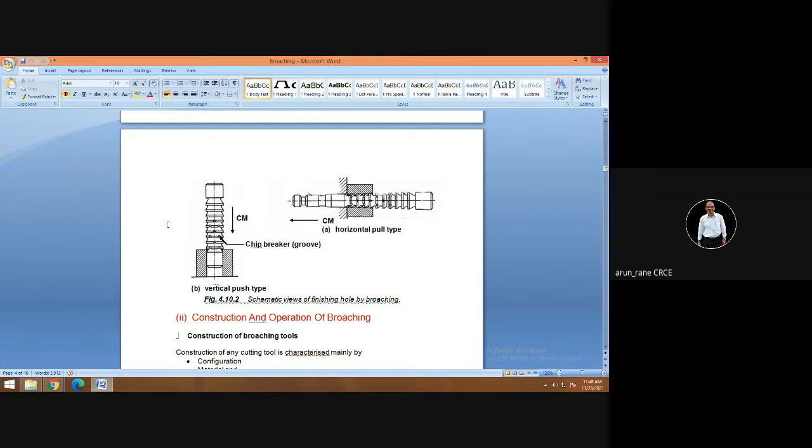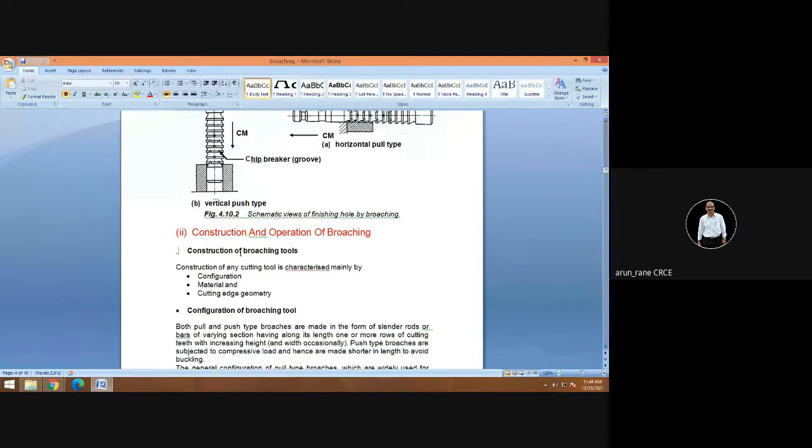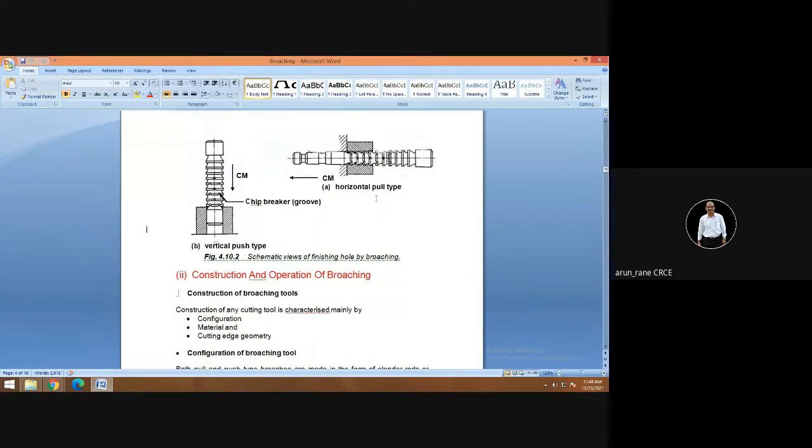So that's why the broaching machines are mostly vertical broaching machines. And in push type broaching machine, the construction and the design is also simple as against your horizontal pull type broach.